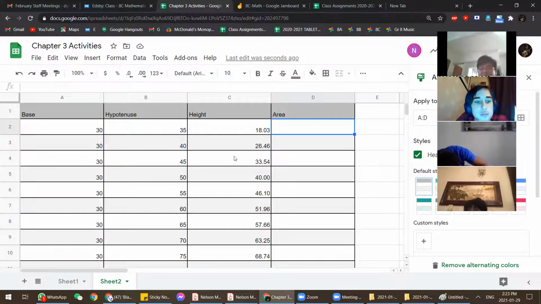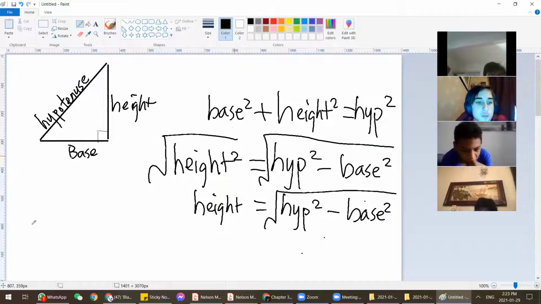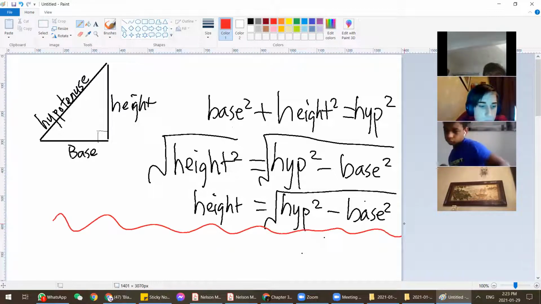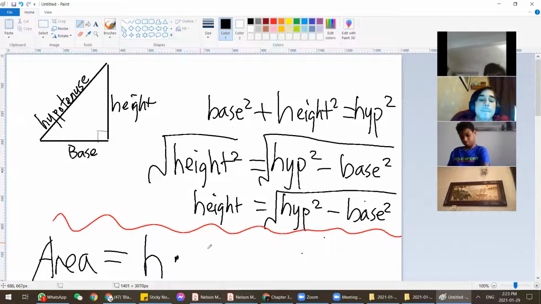How do we calculate area, Nathaniel? Base times height divided by 2. Area is base times height, yeah. Okay, let me just write it clearly.